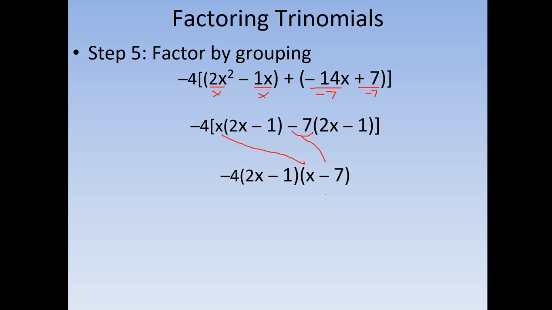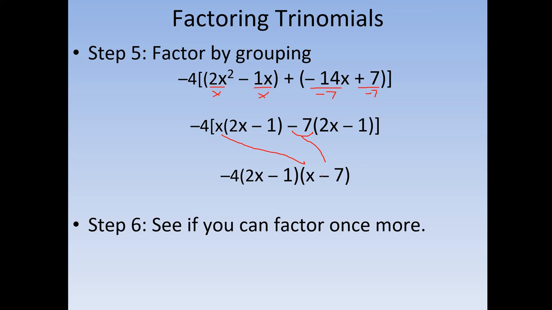All right. And then, like always, our very last step in all these is just to check to see if we can factor one more time. Every now and then it happens where we get to the final ending and maybe we have to factor using greatest common factor or using dots or something like that.